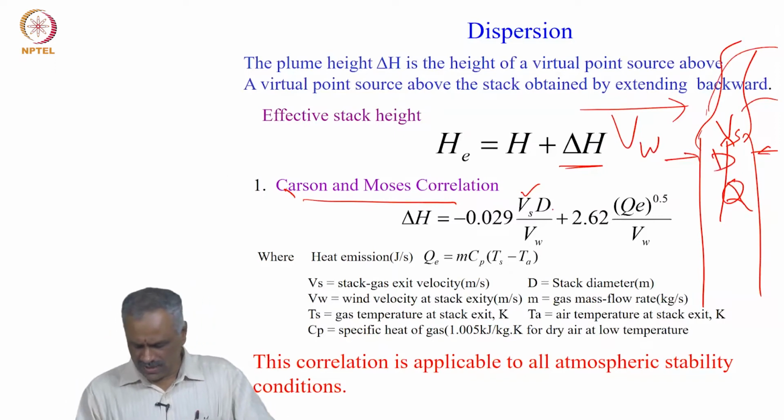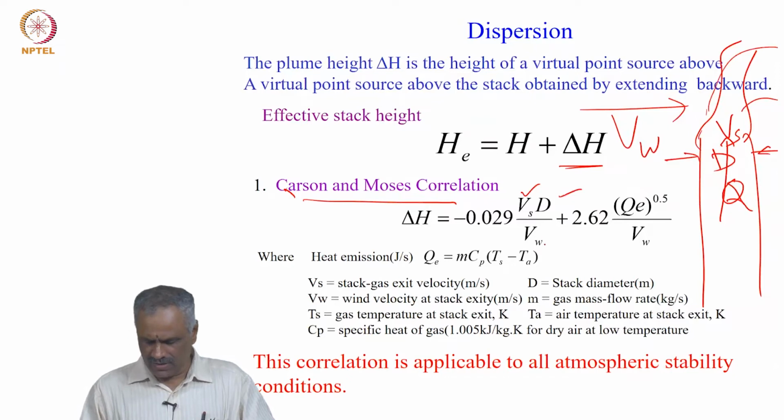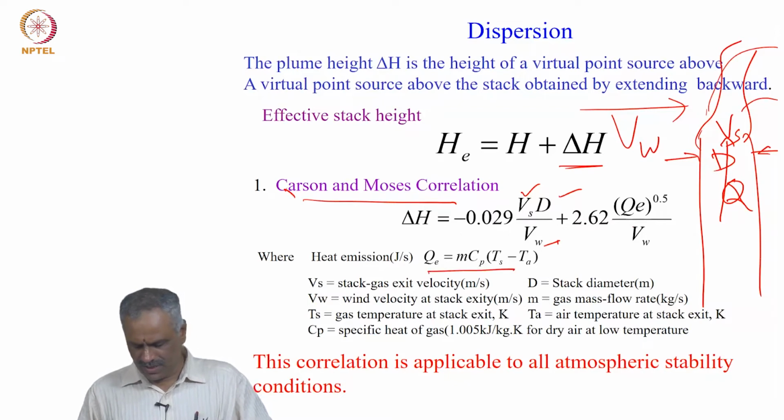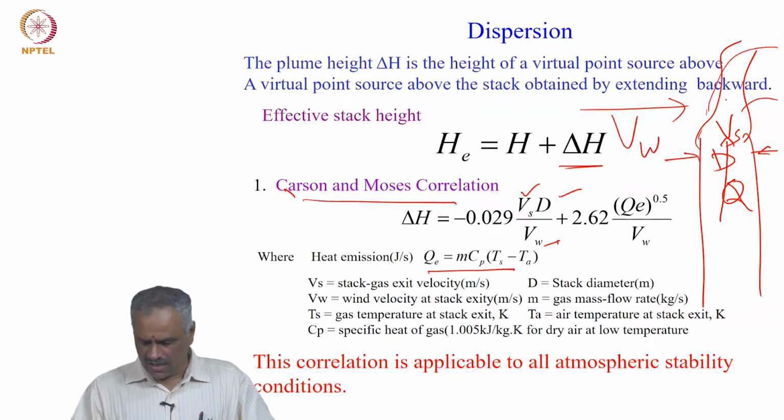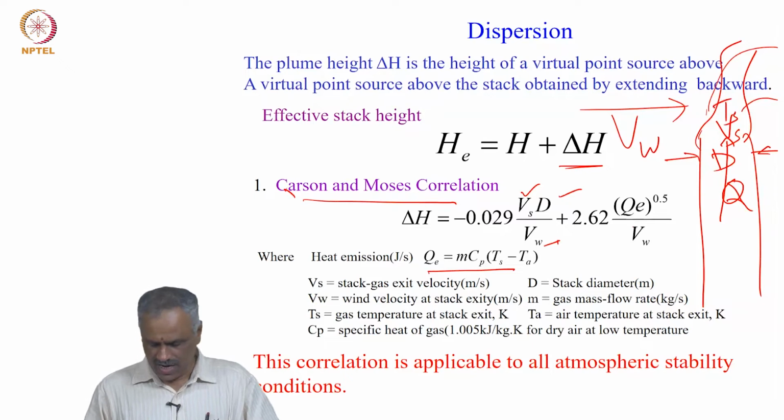Now you can see d is the diameter, Vw is the wind velocity, and Q is the discharge, that is the amount of heat discharged into the atmosphere, which can be found as m Cp (Ts minus Ta). Ts is the temperature of the flue gas at the stack, S means stack, and A is the ambient.